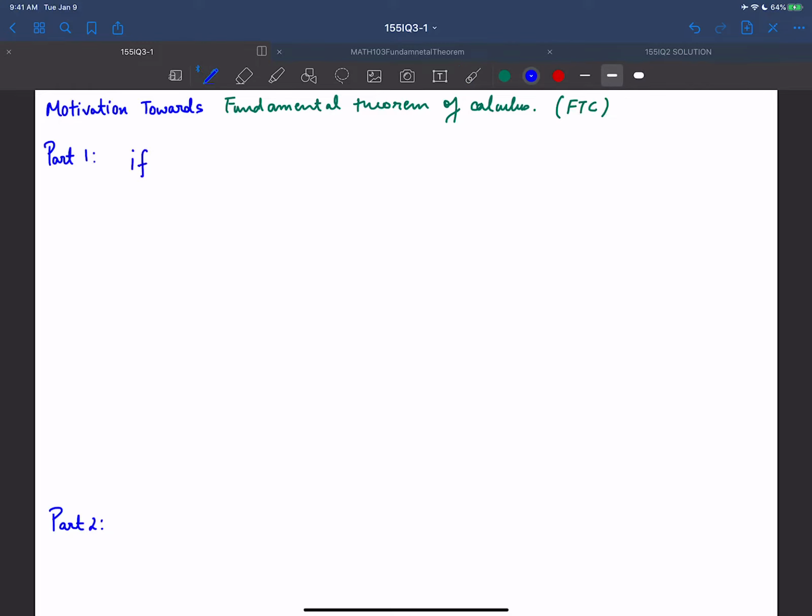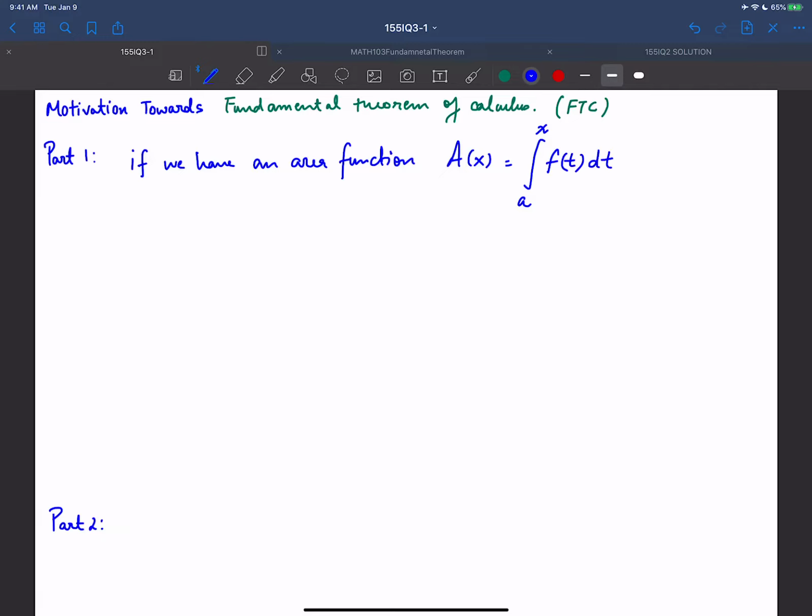So if we have an area function that we're going to call A of x, which takes the integral from some starting constant a to some x that we choose as the input of a function f of t dt.